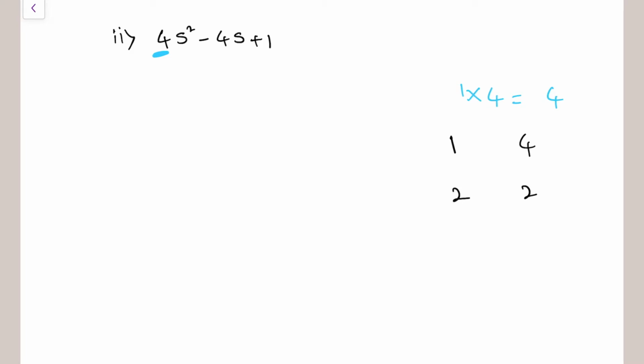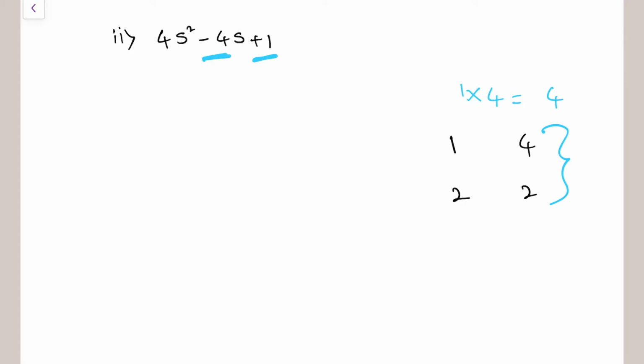Now as I said already, the constant symbol decides the symbols of the pairs. Here the constant symbol is plus, right? So it means in both the pairs, the 2 numbers are positives, otherwise the 2 numbers are negatives. And the middle term decides both the symbols are negative.